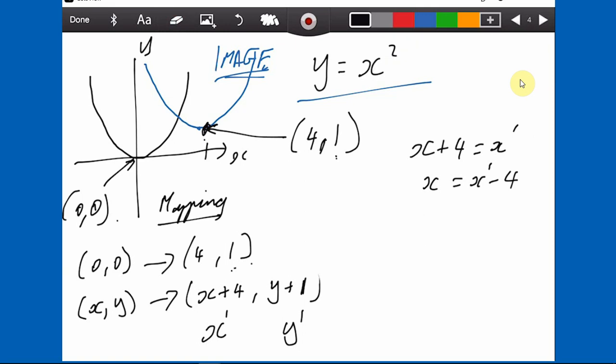So when we go y plus 1, that's our image. And so if we take 1, not going very well here, it should be y.